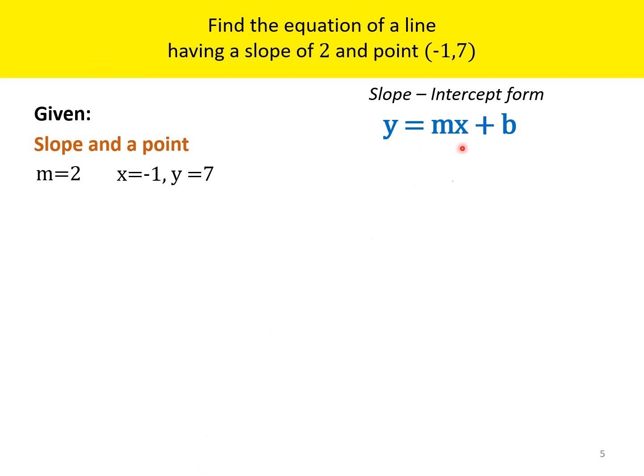Now remember, we need the slope and we need the intercept. We have the slope. We know m here is equal to 2. We are missing the b, the y-intercept. What we're going to do is take the information that we're given, substitute it here, and solve for what's missing, the b.